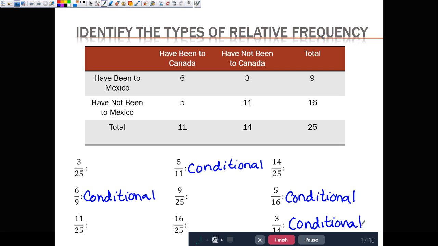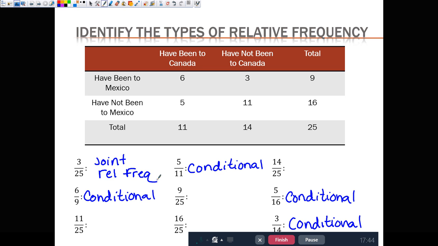All right, so now let's look at the rest. Okay, so here I'm comparing 3 to 25. So 3 to 25, is this joint or marginal? Joint is on the inside. So this one's going to be my joint relative frequency. Okay.